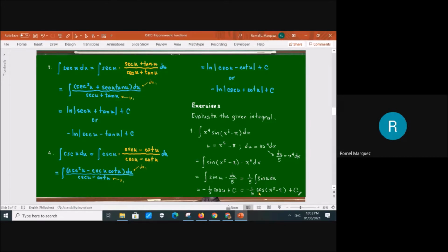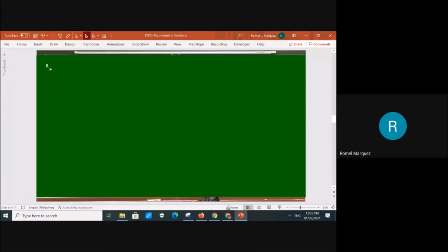So this is the same as negative cosine of x to the fifth times negative, it will be positive 1/5 cosine x to the fifth. Okay?